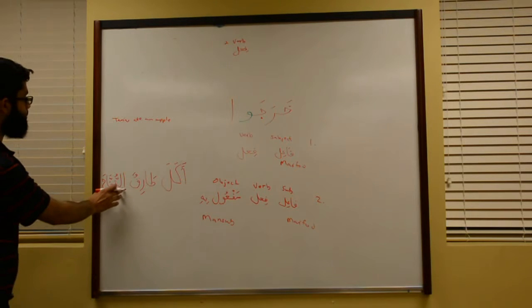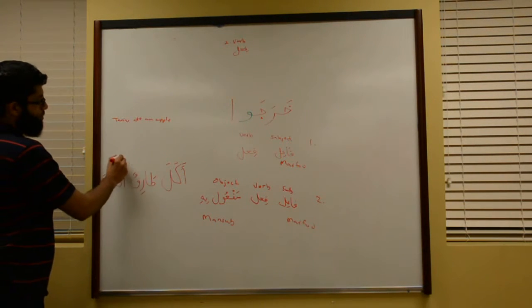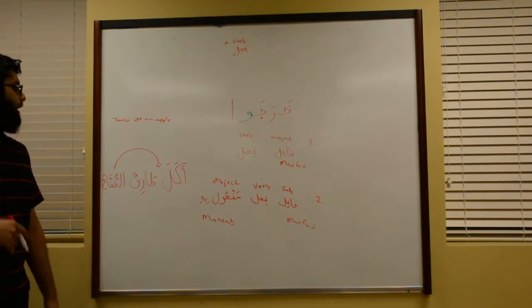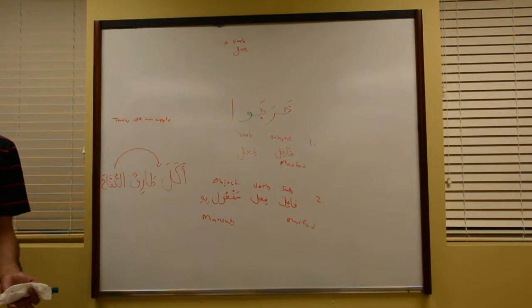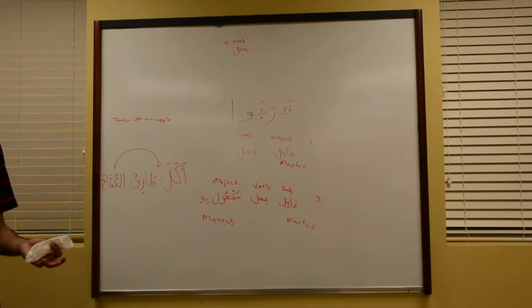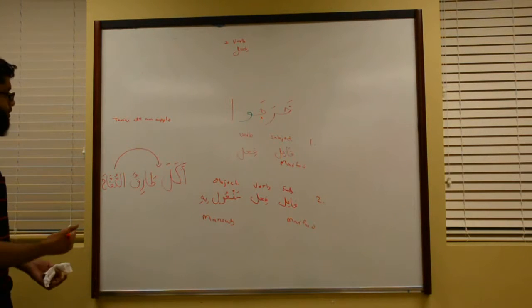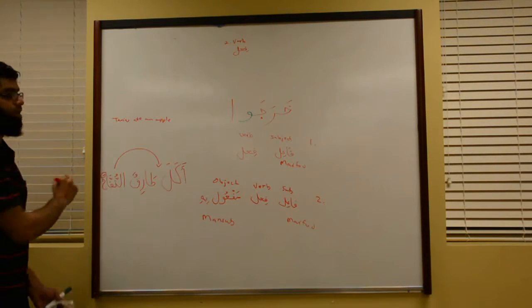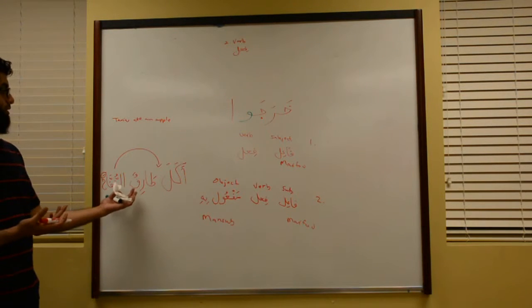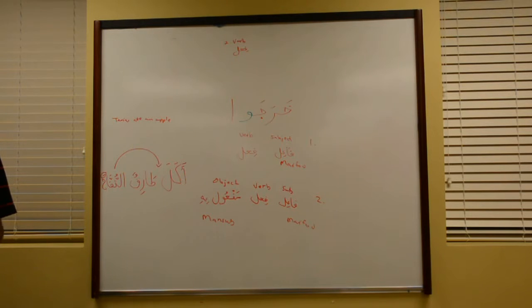So if I want to move tufahun to before Tariq and say akala tufaha Tariq, it still makes sense. The sentence is still Tariq ate the apple, because we know that tufah is the object because it has a fatha, and we know that Tariq is the subject because it is marfu'.